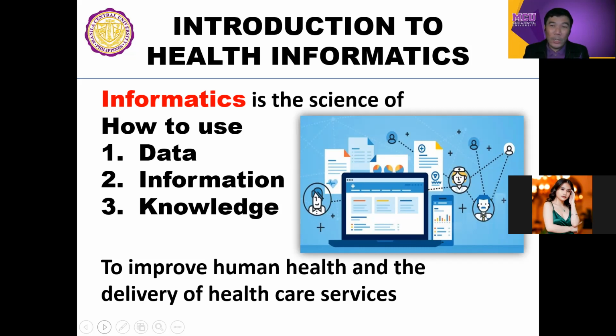So going back to the term healthcare worker, we can say that this could be medical doctors, nurses, medical laboratory scientists or medical technologists, pharmacists.